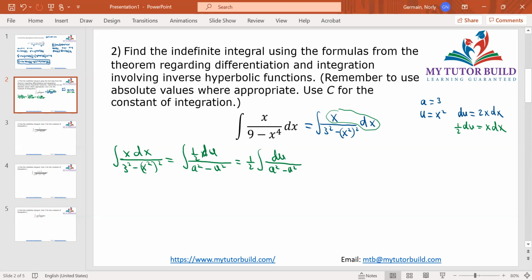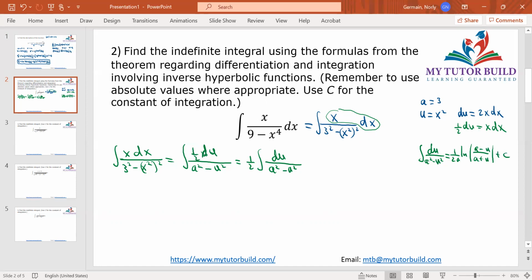Now, something we need to remember from all the formulas we have: if we have du over a squared minus u squared, we can replace it by 1 over 2a ln of a plus u over a minus u, plus c.